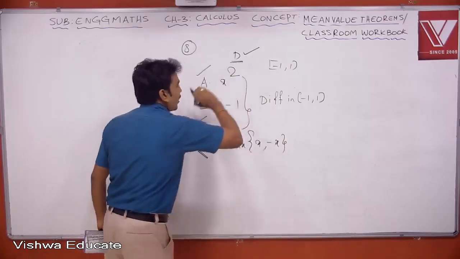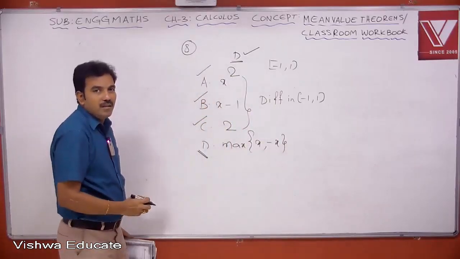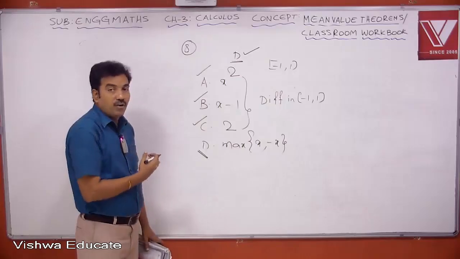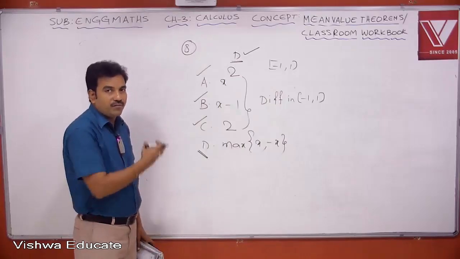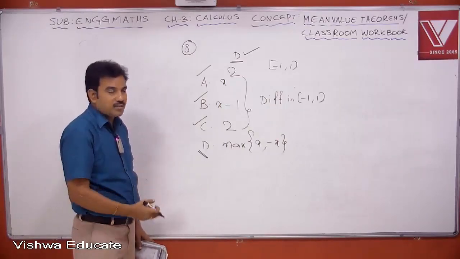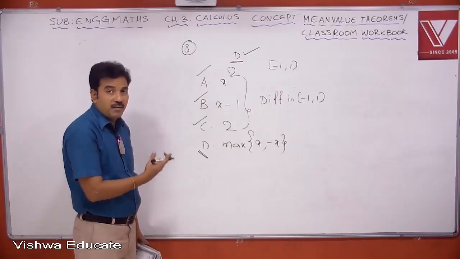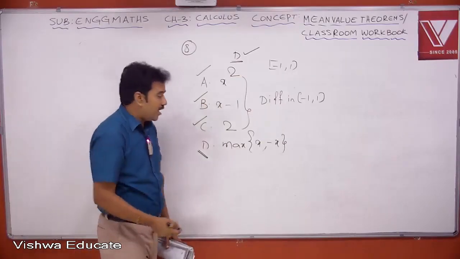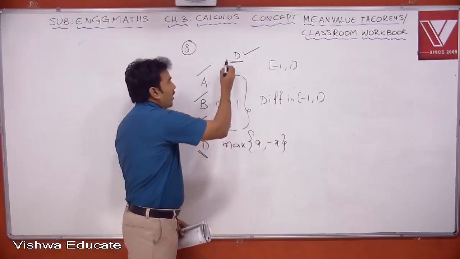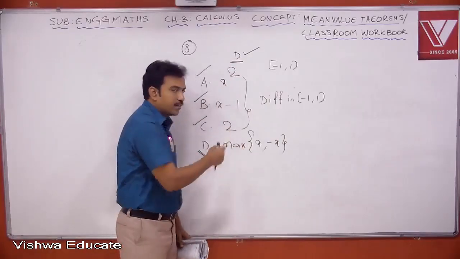So D is the required answer. See, for this question we got the answer in an indirect way because the first three options are not right options. Option A can be eliminated, B can be eliminated, even C can be eliminated. Therefore D is the right answer because this is the function which is not differentiable.